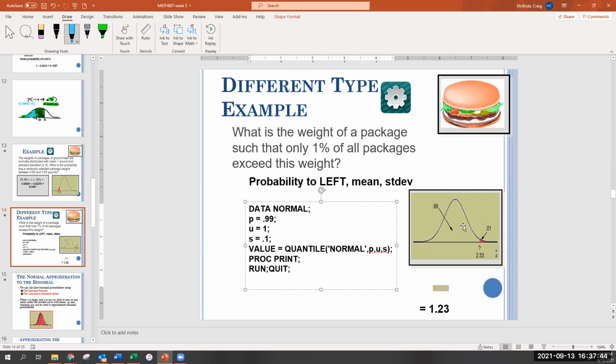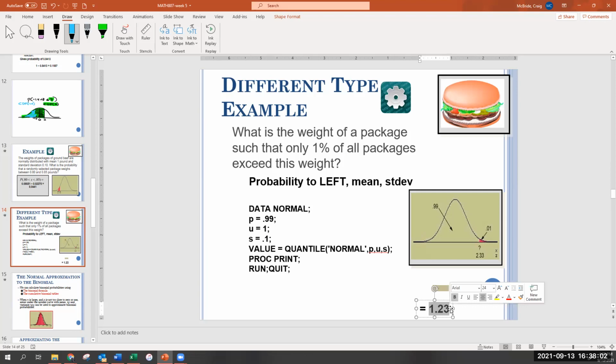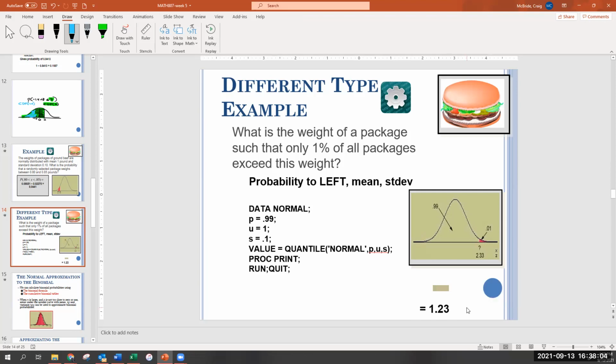So if we have 0.99 of the area below it, then that means it's in the 99th percentile. So this would basically just be a way of finding the 99th percentile. And if you ran this, it would spit out the answer of 2.33. That's a z-score.